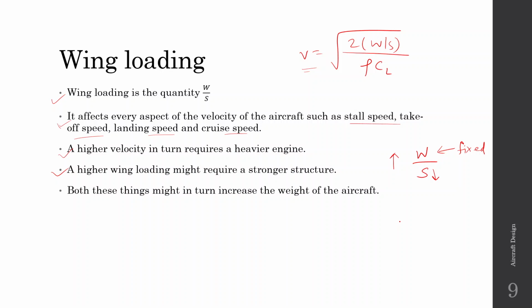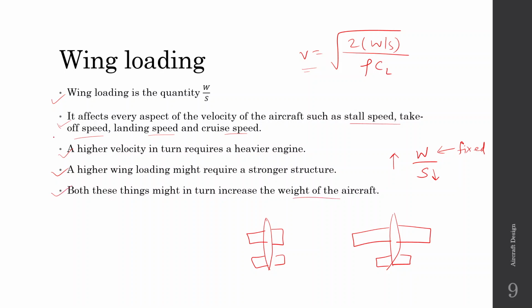Earlier, if your plane was like this, and your wing loading goes up, then the same weight has to be sustained by smaller wings. This will require a stronger structure, because the wings have to be stronger, and both these things might in turn increase the weight of the aircraft.